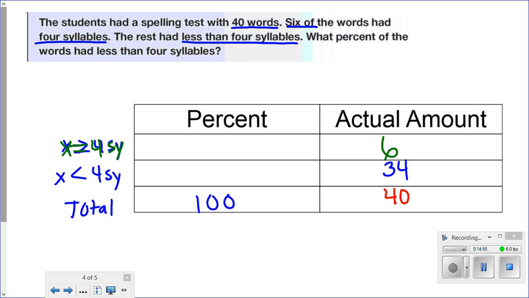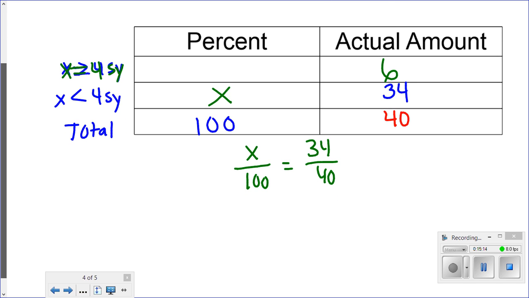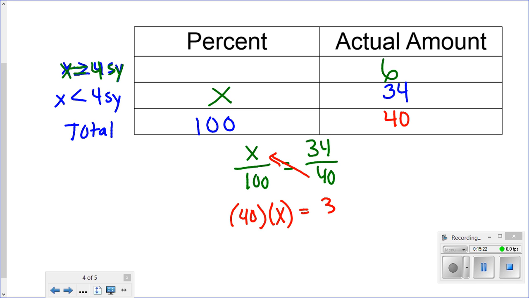So what are we going to do to solve this problem? We are going to set up a proportion, and we are looking for the percent of the words that had less than 4 syllables. So there goes our x. So now we can write our proportion. X over 100 is equal to 34 over 40. We are going to cross multiply: 40 times x is equal to 34 times 100.